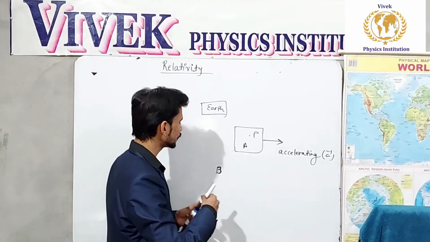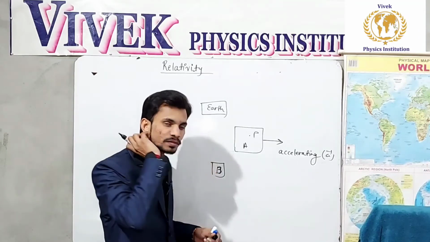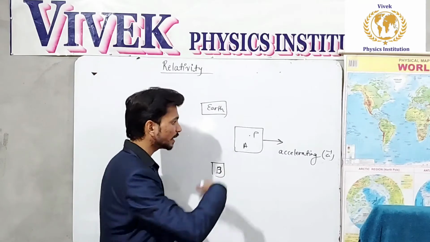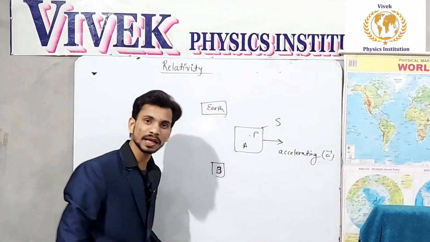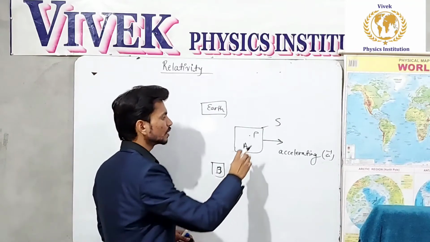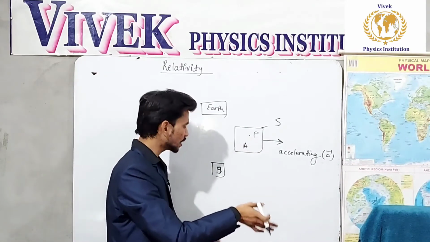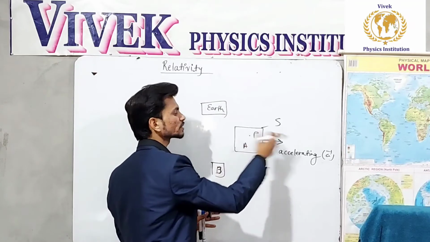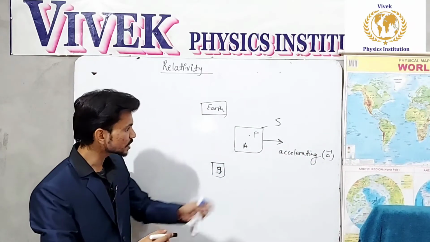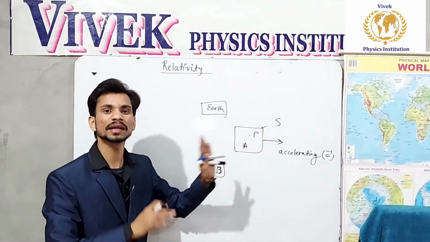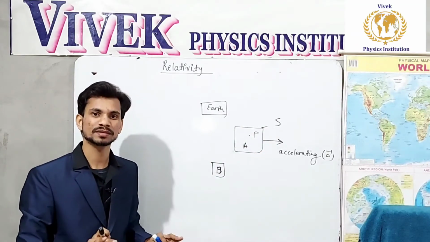Let us say that B is at rest outside, and this complete frame of reference, let's say this is S, is accelerating with acceleration A. Now P will also appear to B as accelerating with acceleration A. Such a system is simply known as an inertial frame of reference.